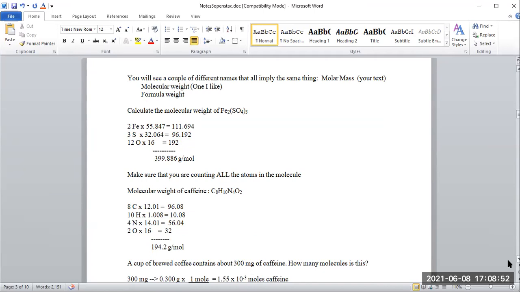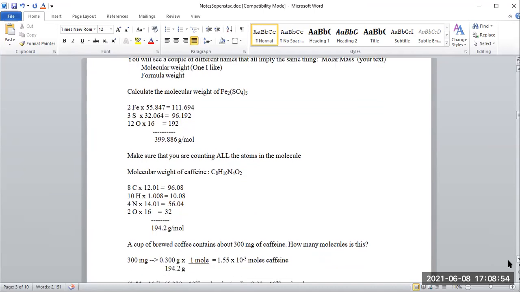Caffeine is an organic molecule that only has 4 elements in it: carbons and hydrogens and nitrogens and oxygens, in somewhat ring-shaped structures. I probably should have gone to find a picture of the actual structure of a caffeine molecule. But I'm using the same method to start this problem.